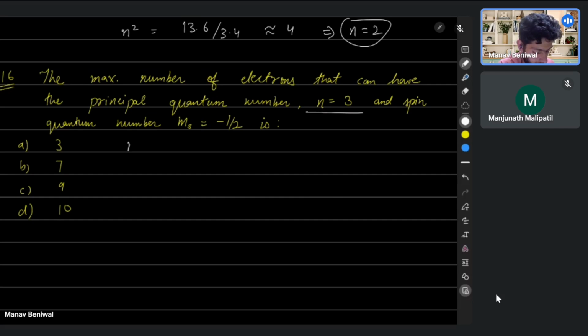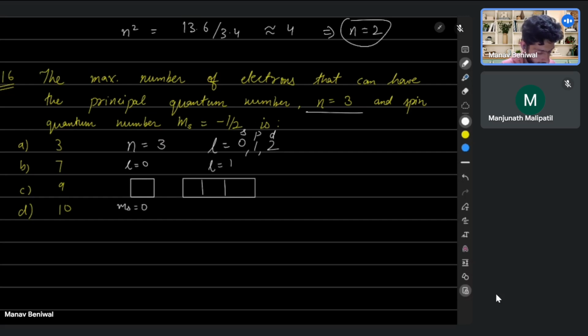So when you have n equal to 3, your l can be 0, 1 or 2. So this will be s, p, d. So how will our orbitals look? We can actually draw the orbitals. So this will be your s orbital. This will be your p orbital, and it will have 3 values of m. So here your l is 0 and your m is also 0. Here your l is 1 and your m is -1, 0, +1.